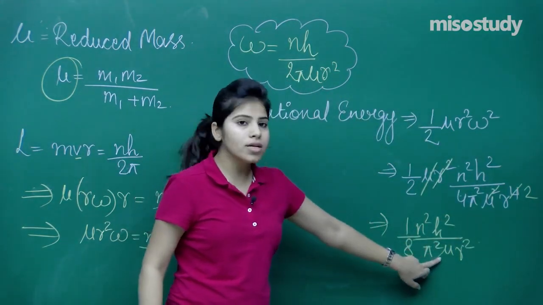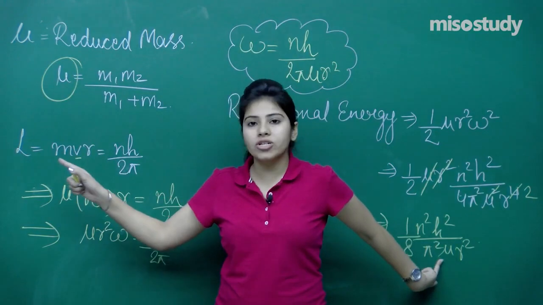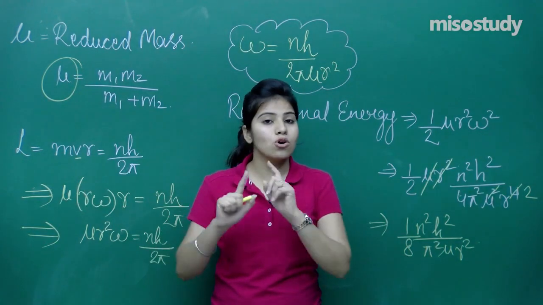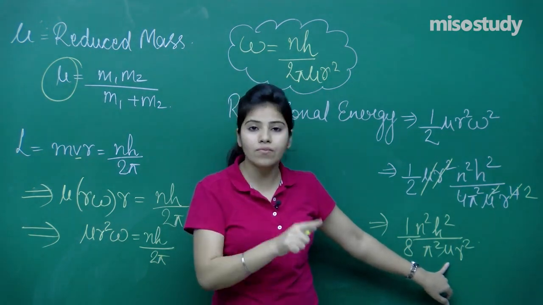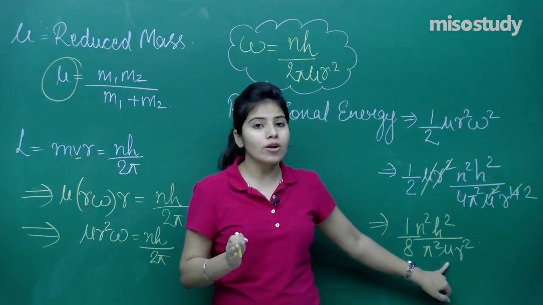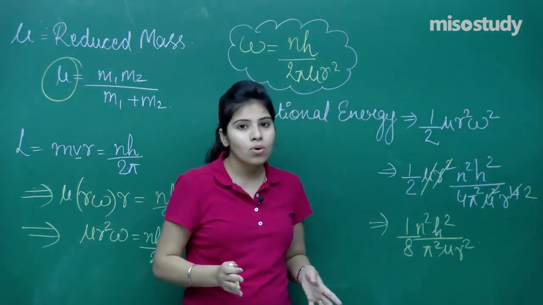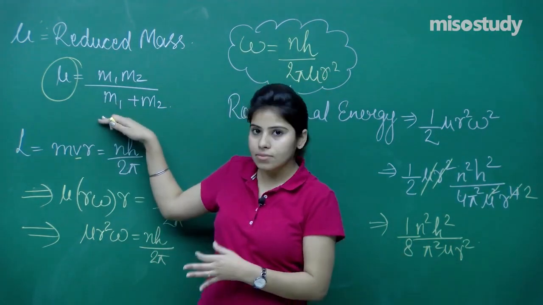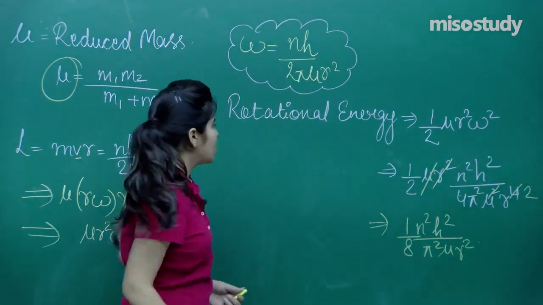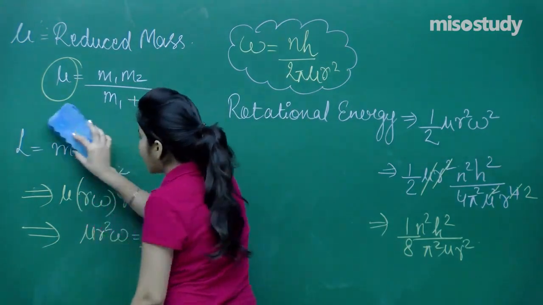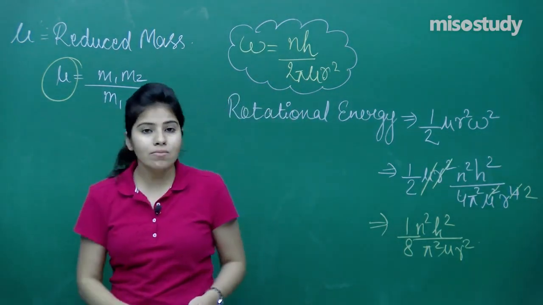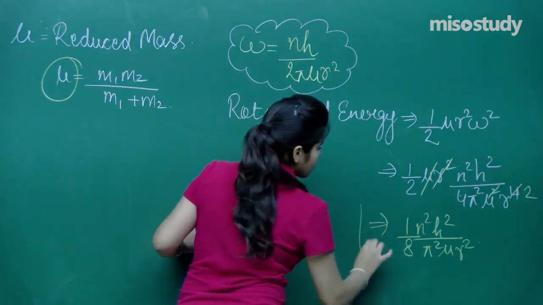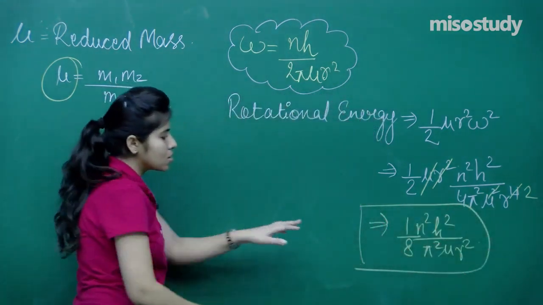Now, because in the options I can see that the value has not been given in the form of mu, it has been given in the form of m1 and m2, we are going to put the value of mu as this. Simple as that. I am going to rub this part, and now put this value in place of this.